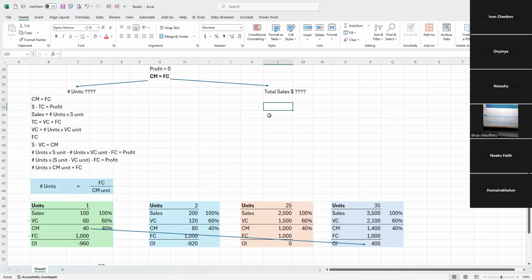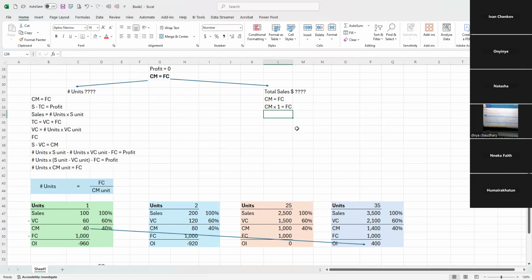Now, the next thing that we want to find out, if you remember, is how much the total sales should be in order to bring this to 0. Again, our starting point is we want contribution margin to be equal to fixed cost. If I do contribution margin times 1 equal to fixed cost, am I changing the formula?